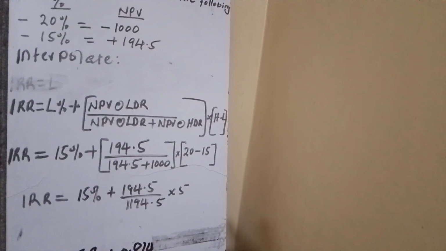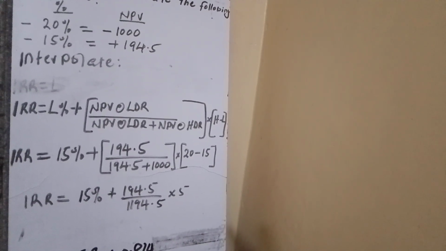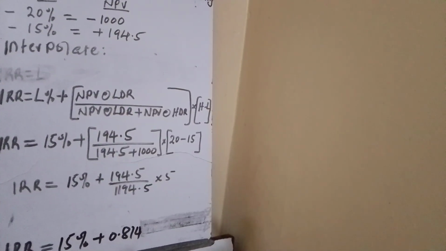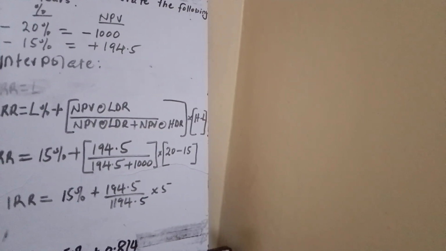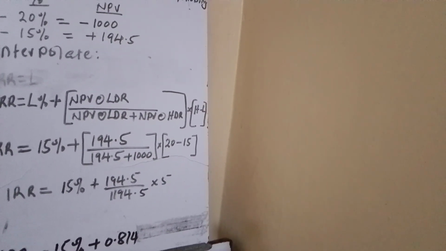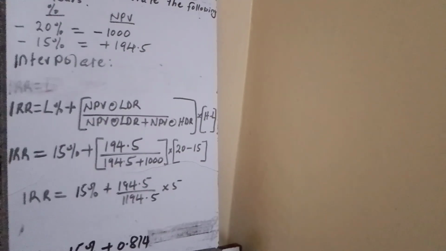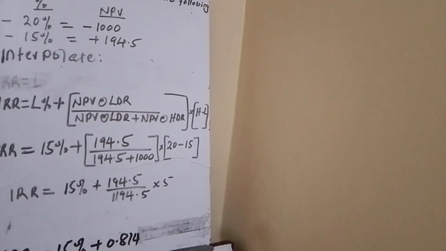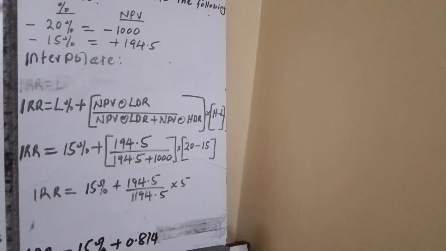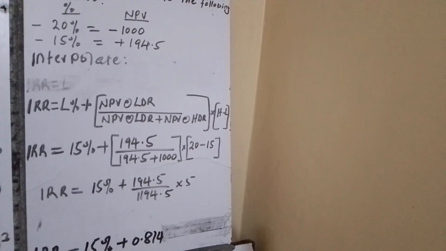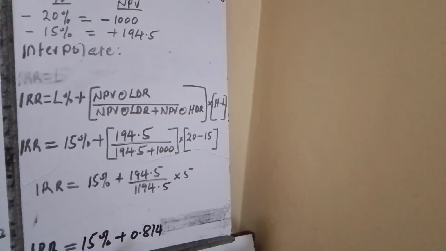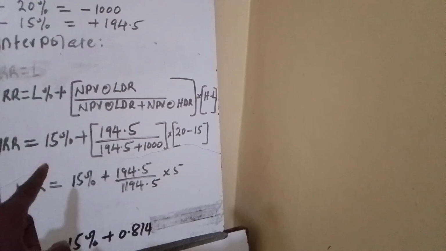So 15% is lower, or smaller, than 20%. We are looking at an IRR that should be between 15% and 20%. It should not be less than 15% and should not be more than 20%. So my L, the lower rate, is 15%. That is why down here we have used 15%.